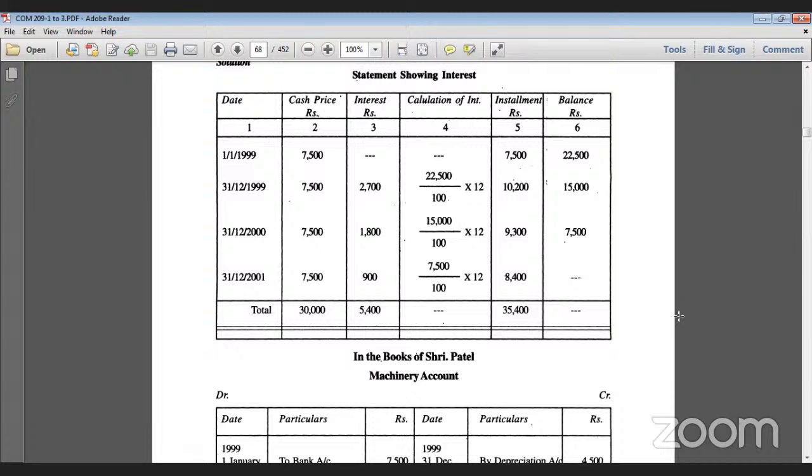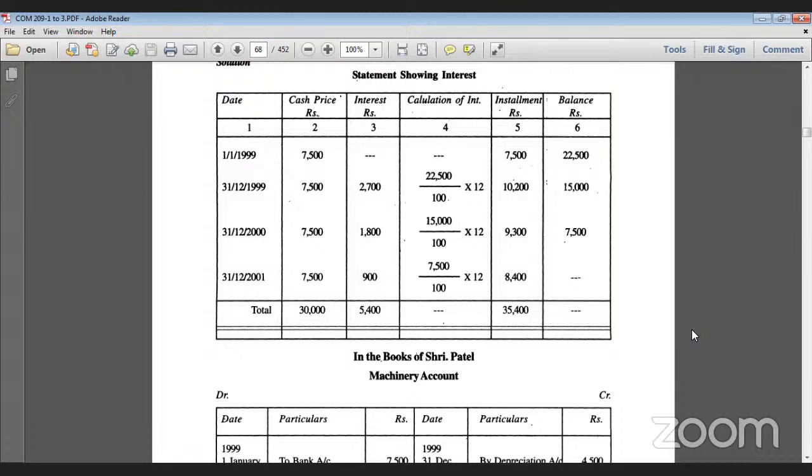The balance 22,500, 15,000 and 7,500, which will be calculated for interest, and the installments will be 7,500, 10,200, 9,300, 8,400, and the total will be 35,400. So the balance will be 22,500, 15,000 and 7,500. So the final total is 30,000 plus 5,400 is equal to 35,400.